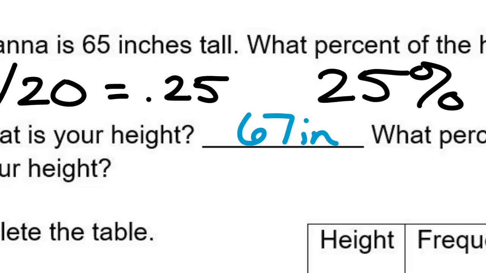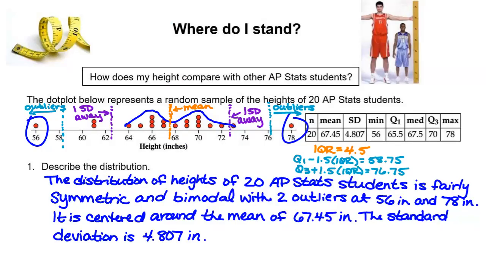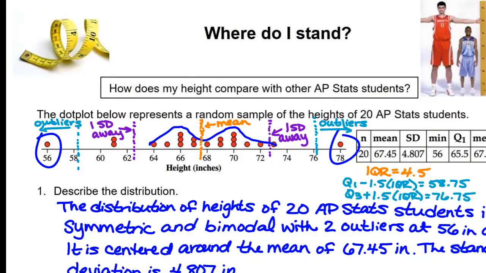So if you're 5 feet 6 inches, you would be 66 inches tall. I'm 5'7", so I'm 67 inches tall. If you're over 6 foot, it'd be 72 plus your inches. So let's see, I'm at 67. 10.